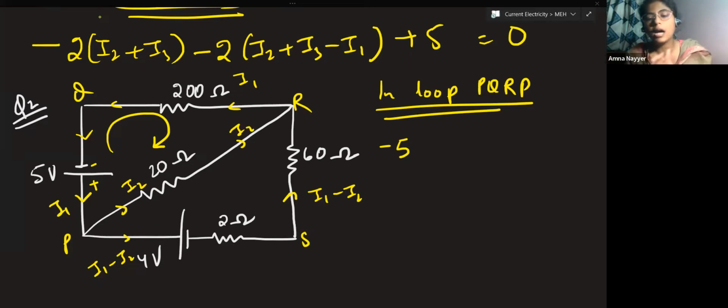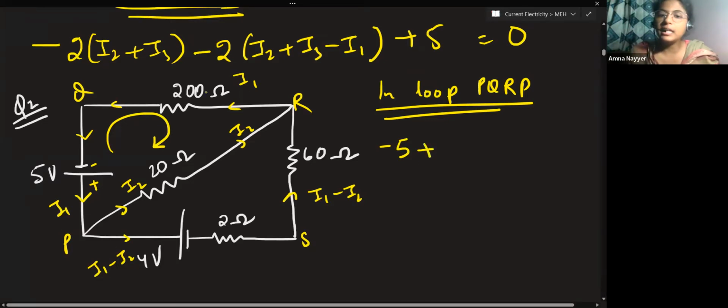From Q to R, are we moving along the direction of current or opposite to the direction of current? Opposite to the direction of current. And if we move opposite, we write the value of voltage as positive. So this will be plus, and current is I1, resistance is 200, so this becomes 200 I1.